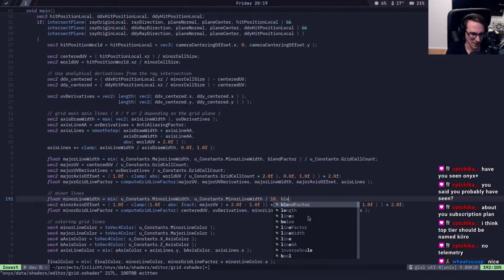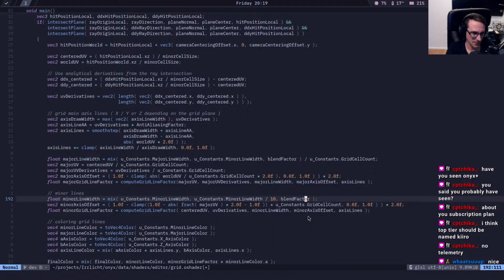Yeah, the blend factor. Actually, I think it's not that. Hold on, blend factor. I think this actually needs to be basically what this up here is. So I think it would be major line width divided by cell grid count.